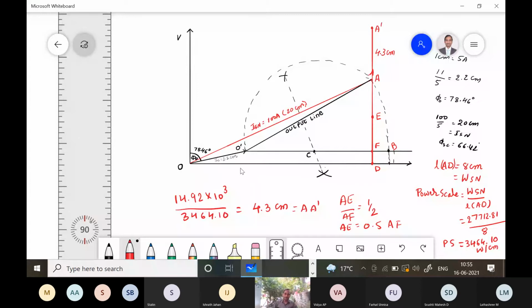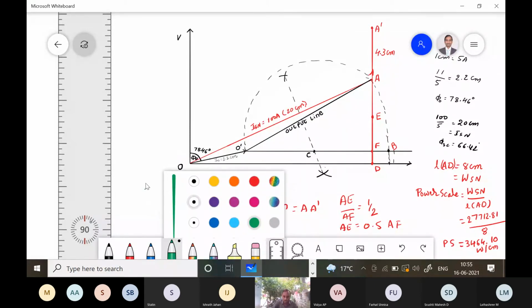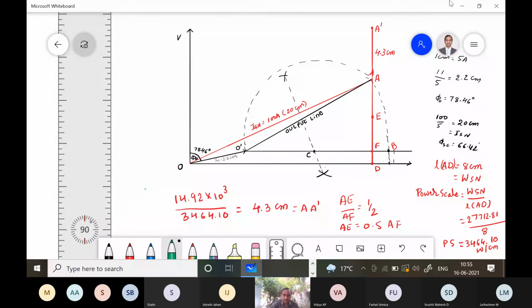So now join O dash E. That is called your torque line.